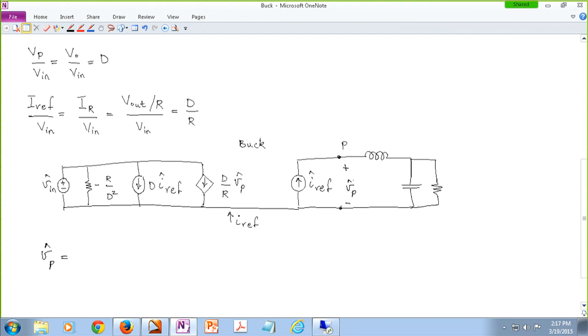So Vp is basically the voltage drop across this inductor plus the output voltage. And therefore, if I have D over R times Vp perturbed, maybe I can break it down into two terms.